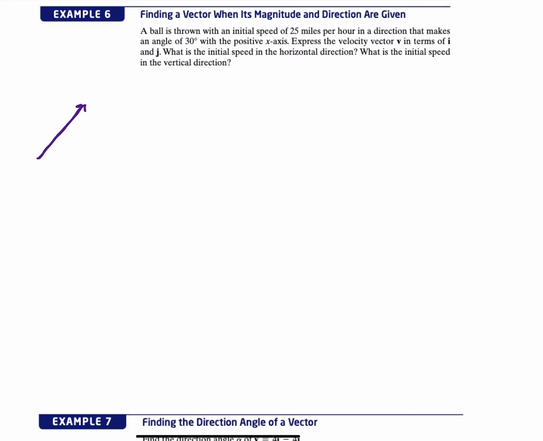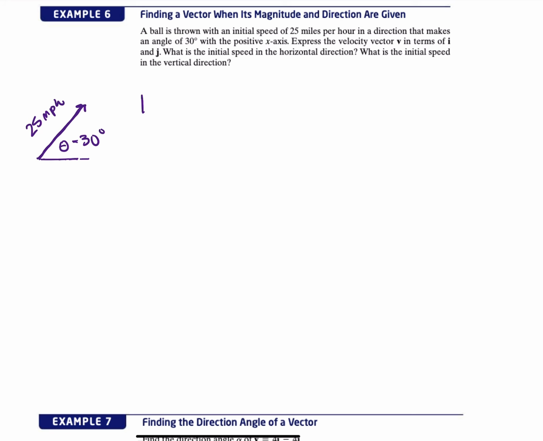So we can say its magnitude is 25 miles per hour. And it's forming this angle, theta here, which is 30 degrees. It wants us to express the velocity vector in terms of i and j. And then it asks us what is the initial speed in the horizontal and the vertical direction.